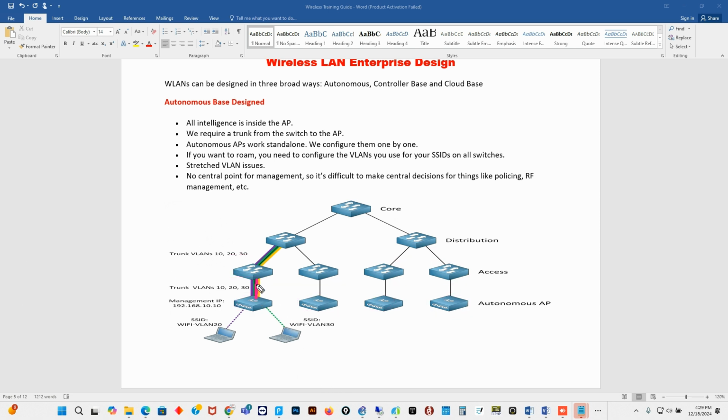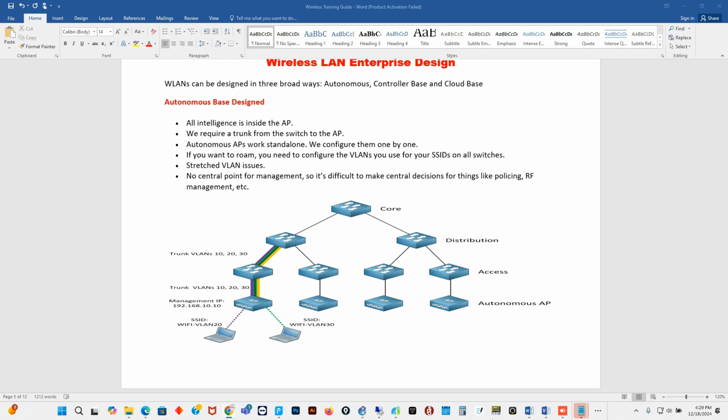The connection between them is configured as a trunk because you can have multiple SSIDs. A company can have multiple SSIDs. SSID is the name for the Wi-Fi, and every company has various SSIDs in terms of how they want their network to be identified.